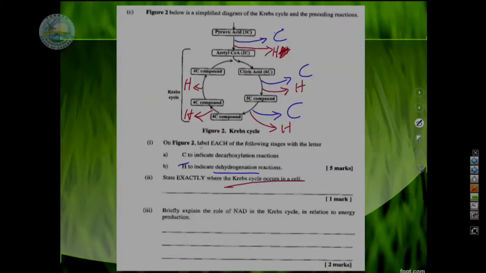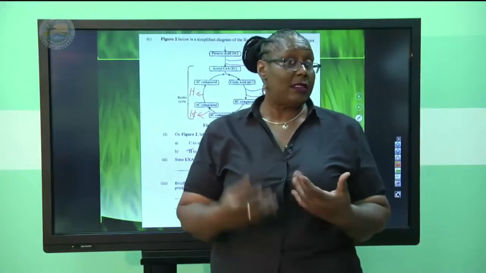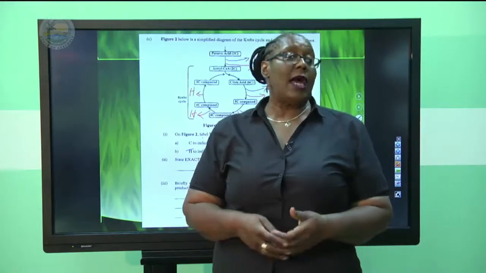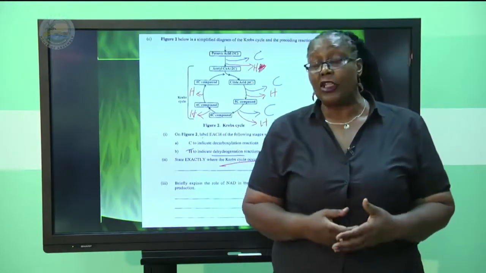Briefly explain the role of NAD in the Krebs cycle in relation to energy production. Remember, NAD is going to accept an electron and accept hydrogen and become reduced to NADH.